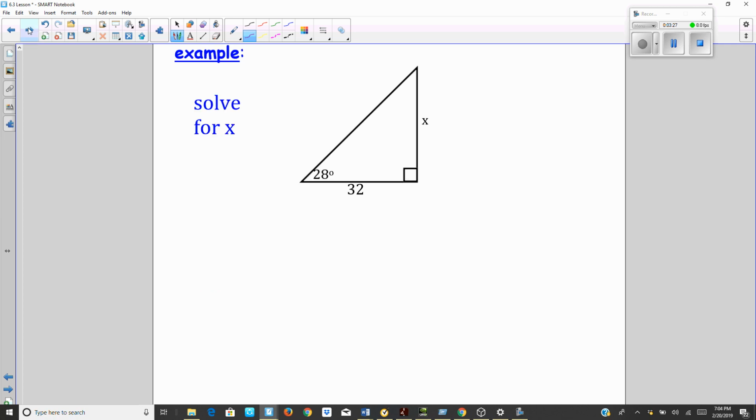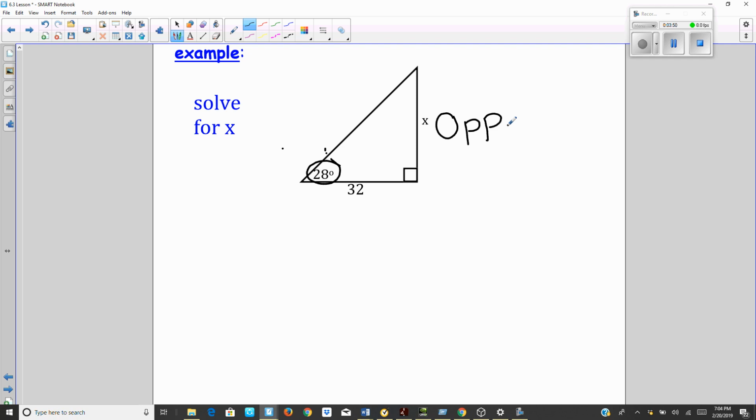So we're going to do 3 basic problems together to just kind of model and remind you how to do these. So this one we're going to solve for x. So 28 degrees is our reference angle. So remember, you cover up that angle with your hand, and the side you're not touching is x. So x is the O, or the opposite side.